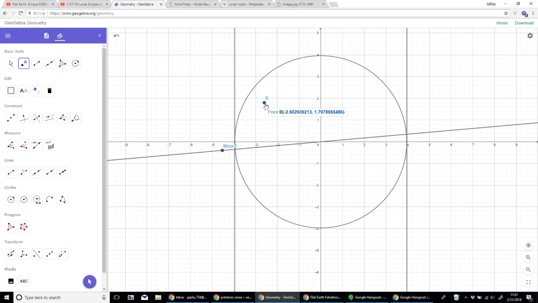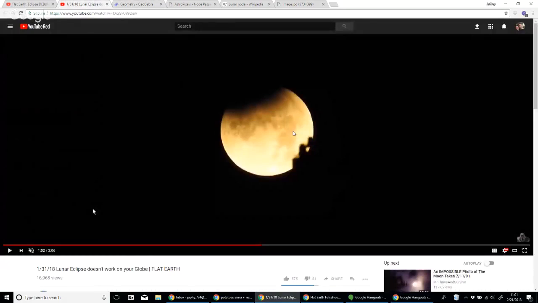The moon is entering the Earth's shadow.